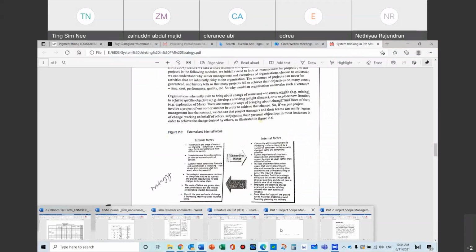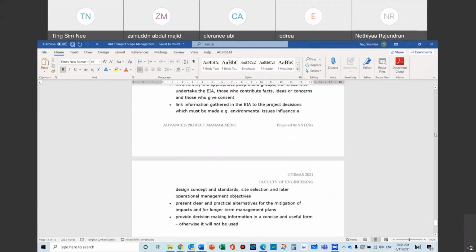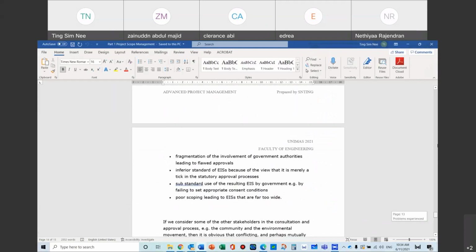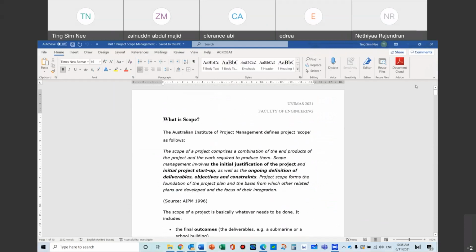Okay, scope management. Okay, so this is back to project management. And you can see that in our project management syllabus, the number of topics is not as much anymore.